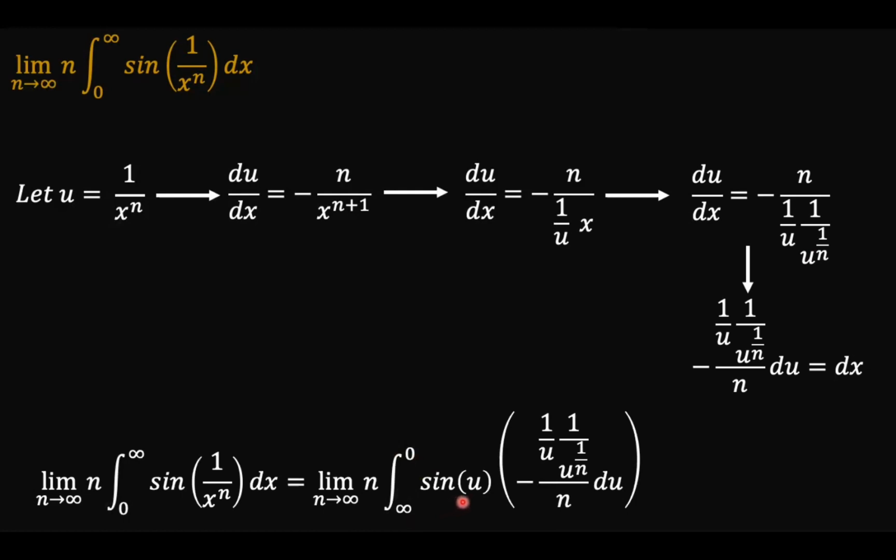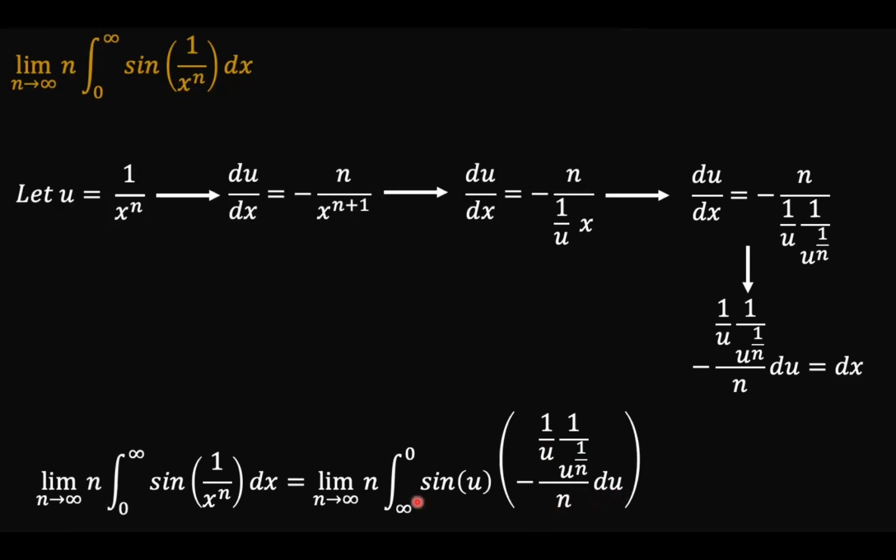But now, under the integral sign, we have sine u in place of 1 over x to the power n, and then in place of dx, we have what we have here, which is negative of 1 over u times 1 over u to the power 1 over n, du.